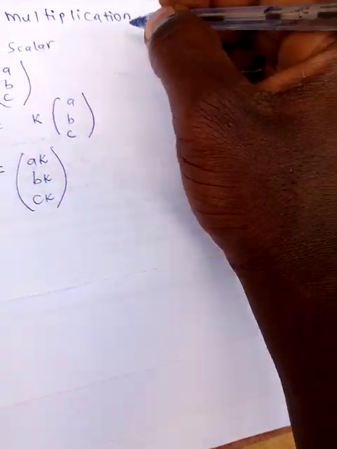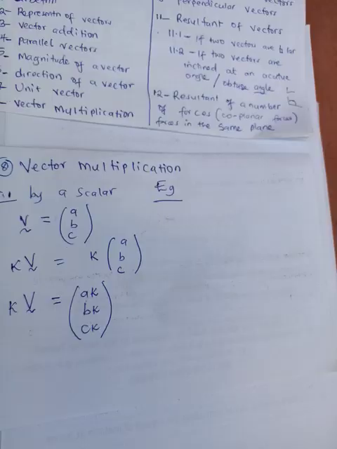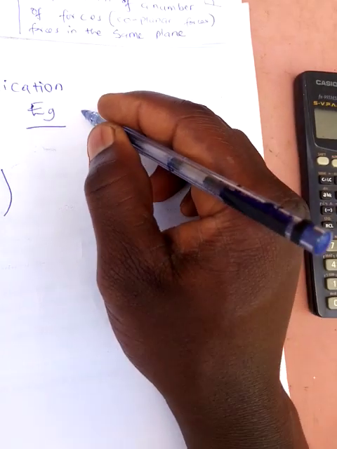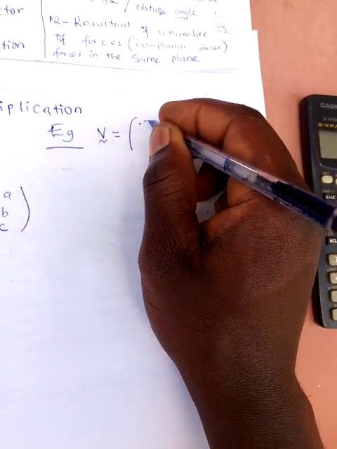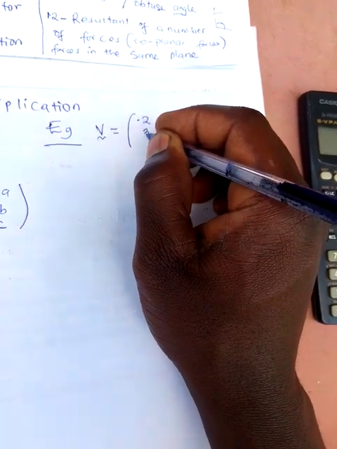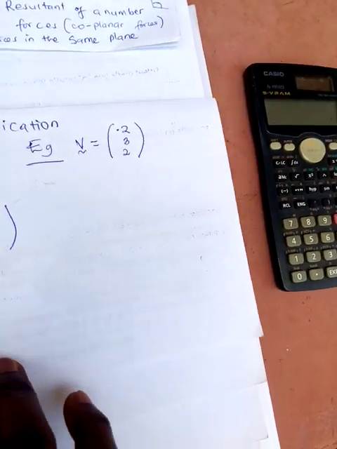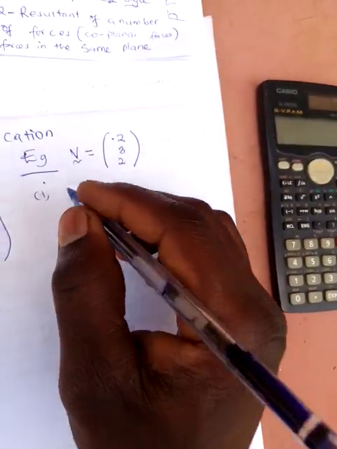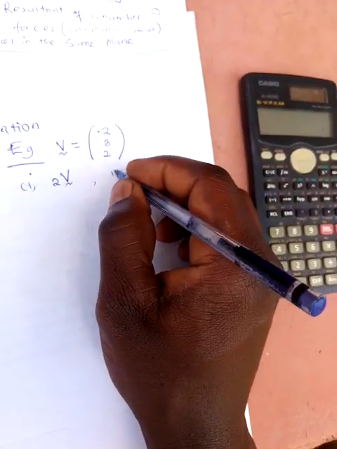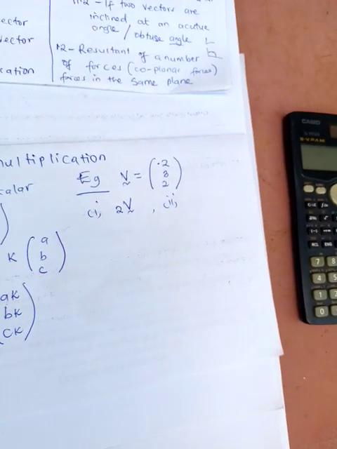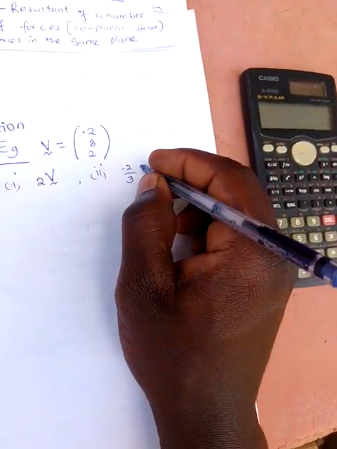So example, let us write this one: v is negative 2, 3, 2. One, we can find 2 times vector v. Number 2, we can find negative 2 out of 3 times vector v.